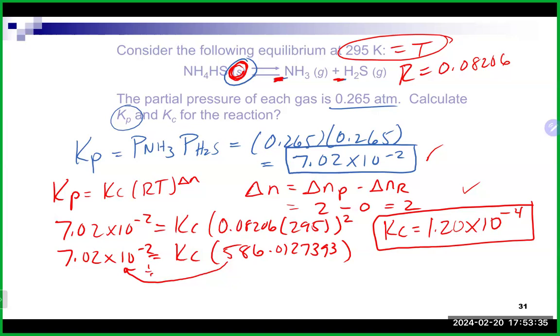Any questions on calculating Kp and Kc, one from the other? I think we talked about it last time, but it's always good to reiterate: if you are calculating any equilibrium constant value, they do have to be equilibrium concentrations or equilibrium pressures that go in there. We will talk about what we have to do when they are not.